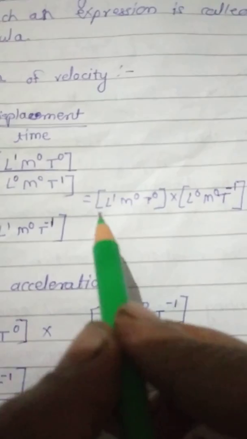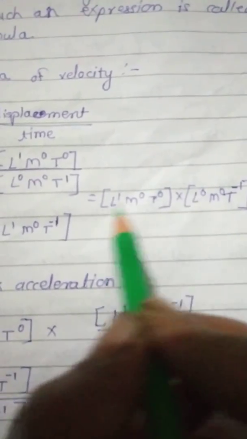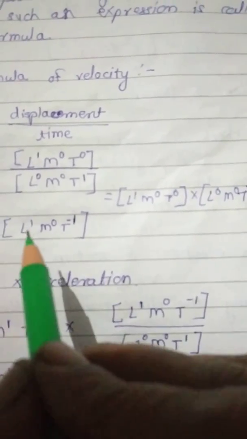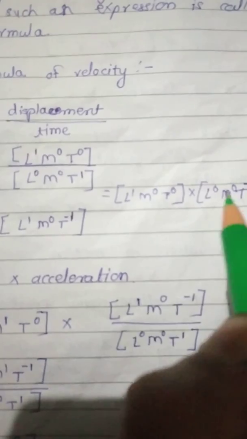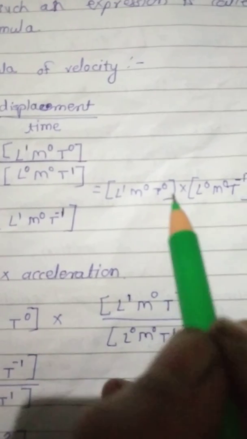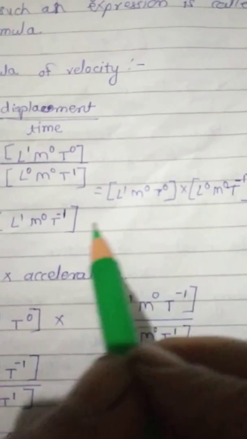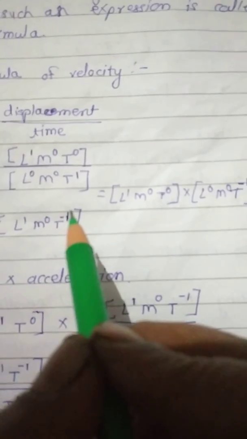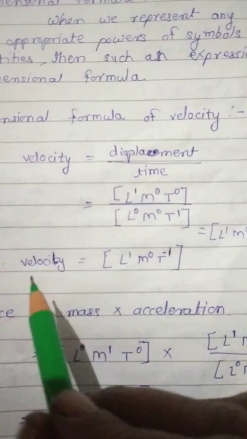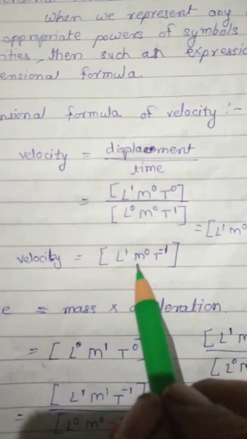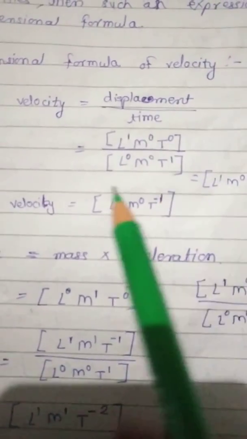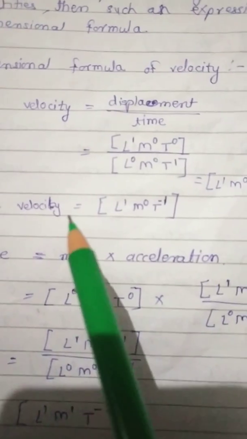Comparing these equations, we get L1 and L0, so L1; M0 and M0, so the power of M is 0; then T0 and T minus 1, so we get T minus 1. So the dimension for velocity is L1 M0 T minus 1. Here we understand how to find the dimensional formula.